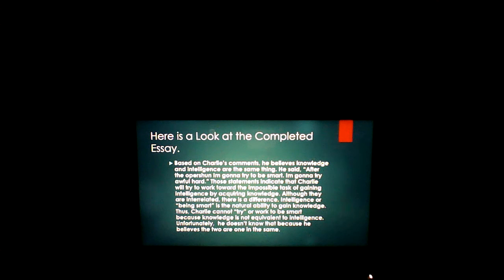Those statements indicate that Charlie will try to work toward the impossible task of gaining intelligence by acquiring knowledge. Although they are interrelated, there is a difference. Intelligence or being smart is the natural ability to gain knowledge. Thus, Charlie cannot try or work to be smart because knowledge is not equivalent to intelligence.